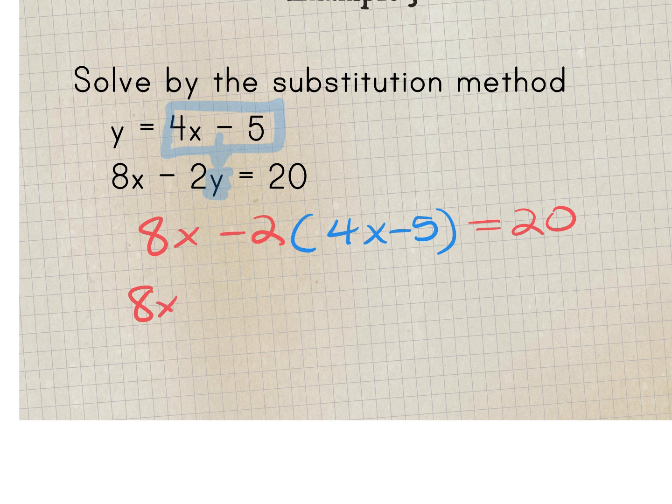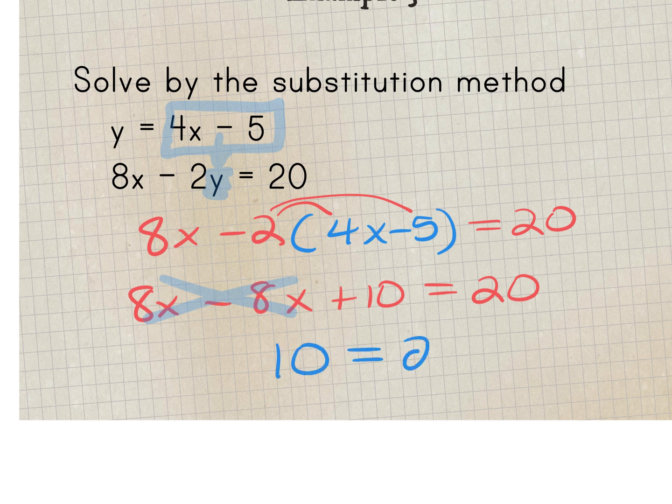I'm going to distribute -2 to the 4x. I get -8x. -2 to -5 gives me +10. I now need to combine my like terms. Notice 8x minus 8x is gone. It's 0. And now I'm left with 10 equals 20.